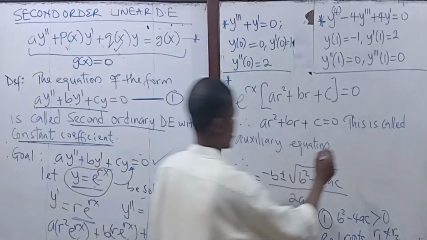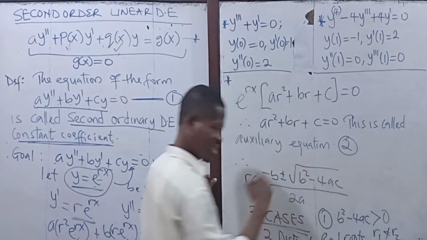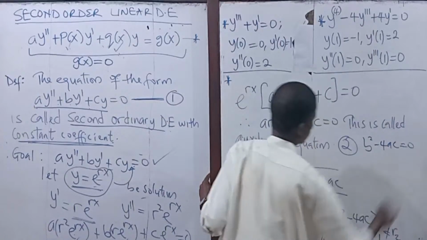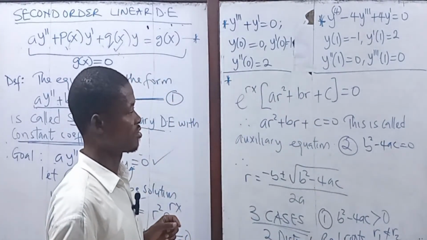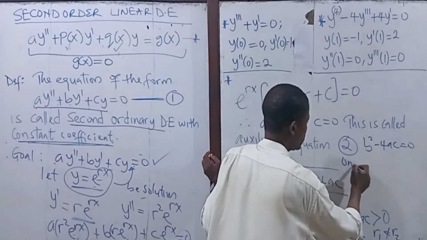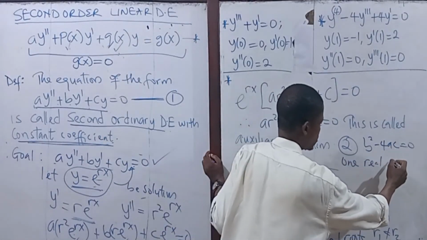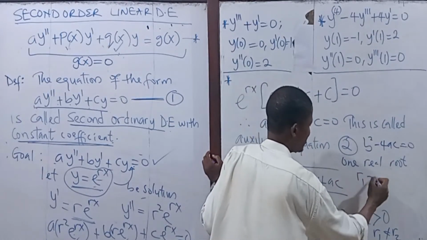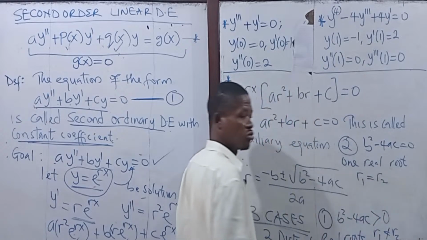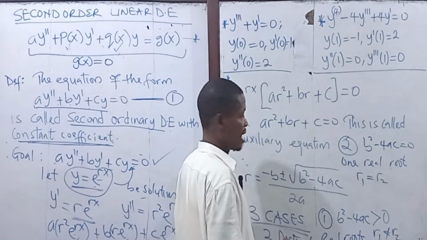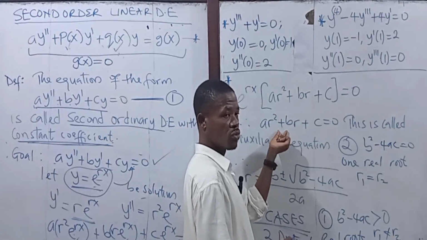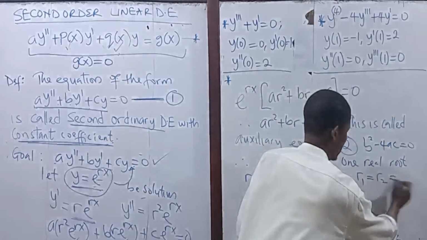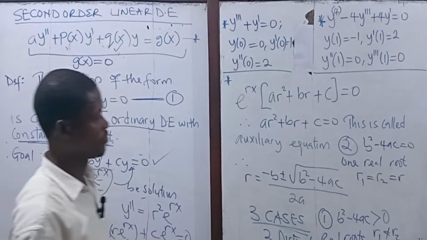Case 2 is when the discriminant b squared minus 4ac is equal to 0. In this case, we have one real root, which means R1 is equal to R2, which we can simply call R. So that's case 2.